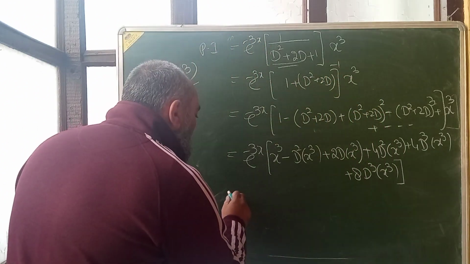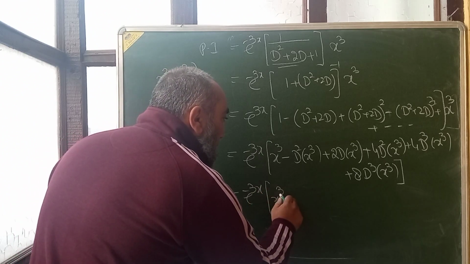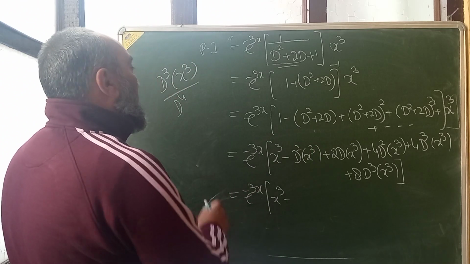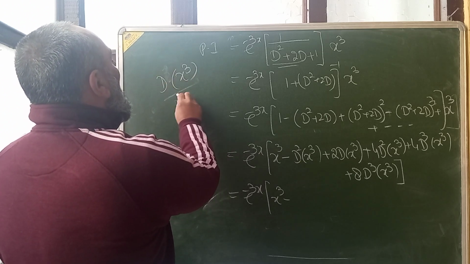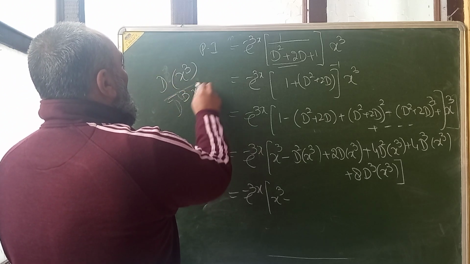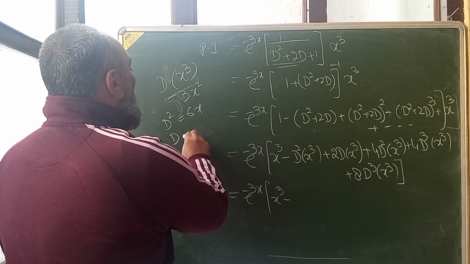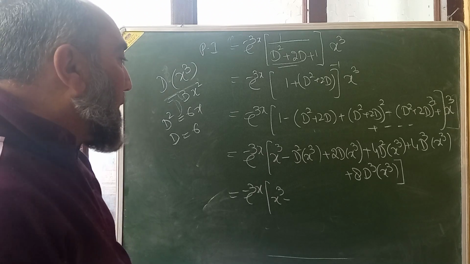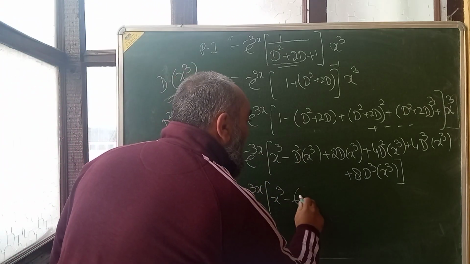So ultimately the particular integral is e raised power minus 3x times x cube minus twice derivative. See, derivative of x cube is 3x square. Second derivative is 6x and third derivative is 6. Fourth derivative will be 0. I will use that. x cube, d square of x cube is 6x.